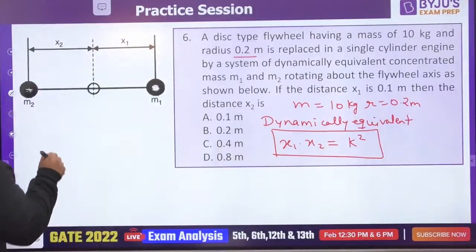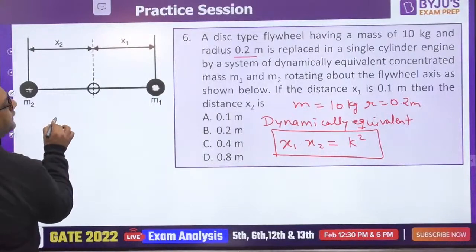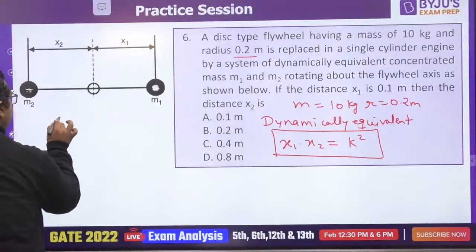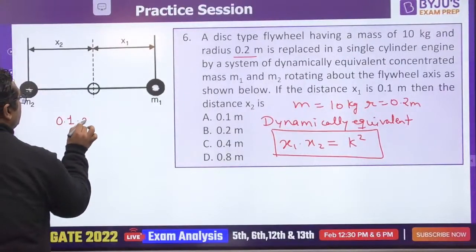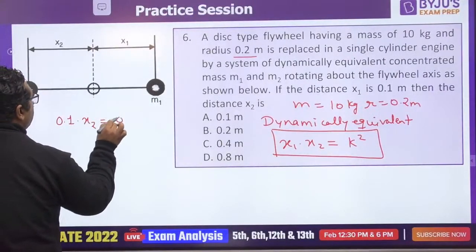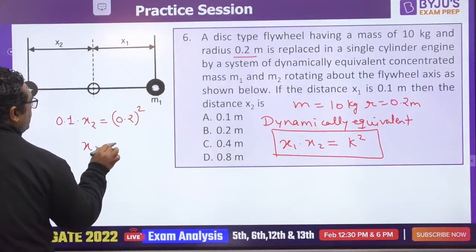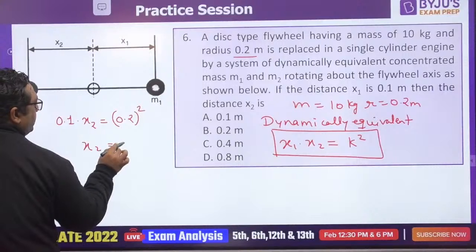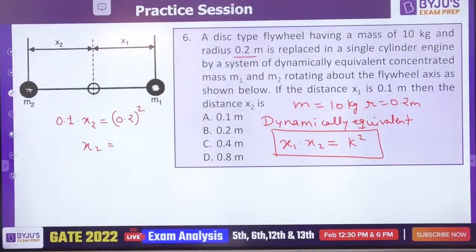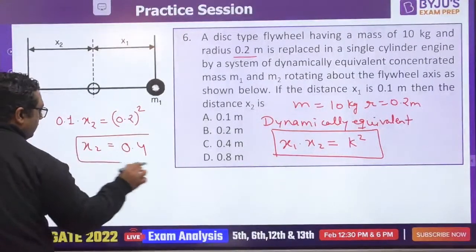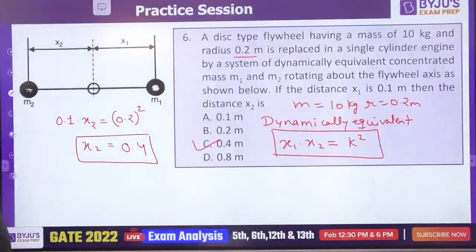So you would be saying x1 is given as 0.1, x2 times 0.1 equals 0.2 square, x2 would be, sorry, x2 would be 0.4. C would be the answer.